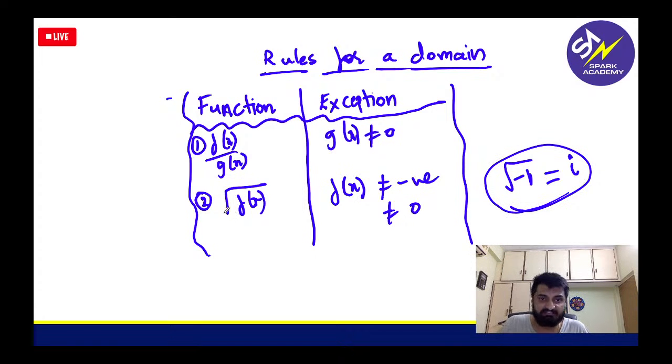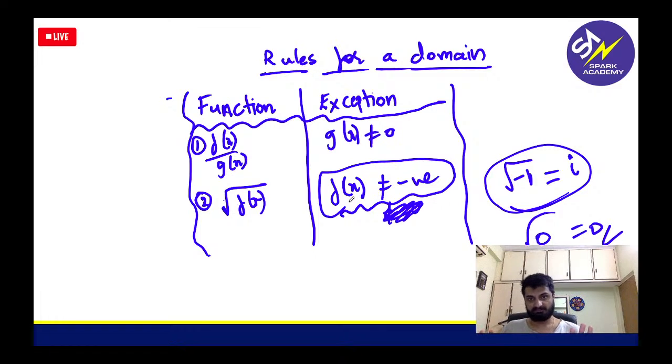So that is why whenever you have a square root function, that function cannot be negative. Can it be 0? It can be 0, right? Root 0 is 0 only. So 0 is fine for us. Only possibility is it cannot be negative. Right? Root 0 is 0.